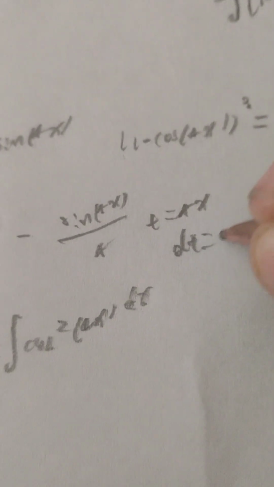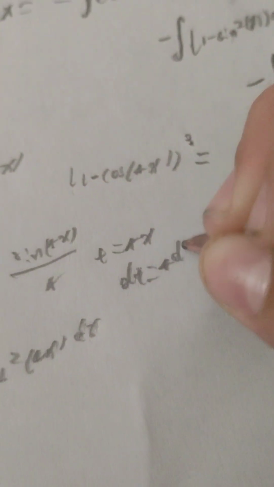Now we'll do a t substitution. T is 4x. dt is 4 dx. So that means 1/4 dt is dx. So we'll take that 1/4 outside, which leads to 3/4 cos squared t dt.